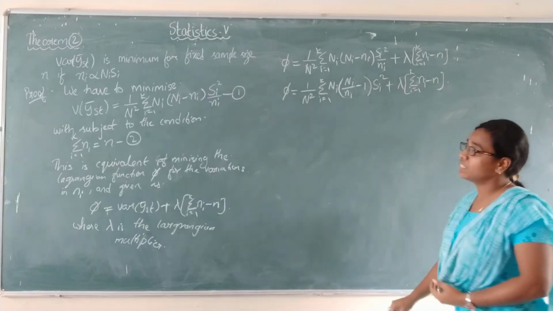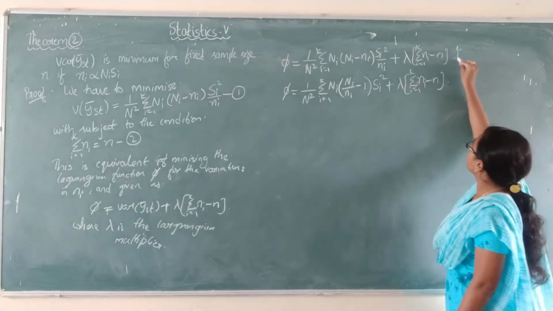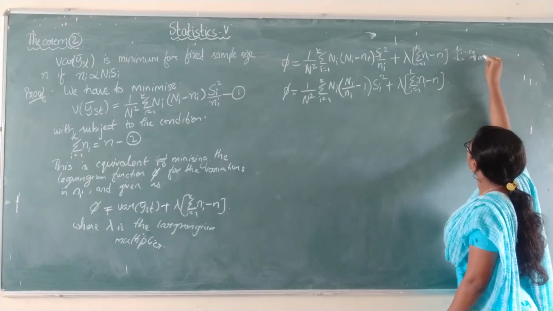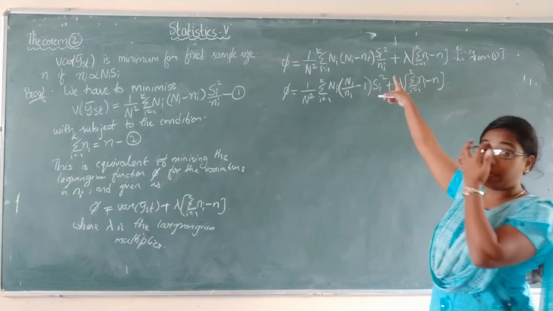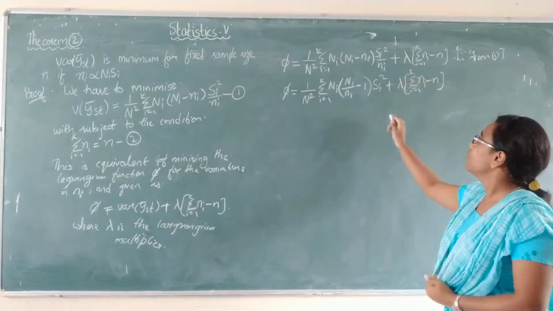So this is the Lagrangian function. This is by using equation 1, which I have written as equation 1. By substituting equation 1 we got this pi value.